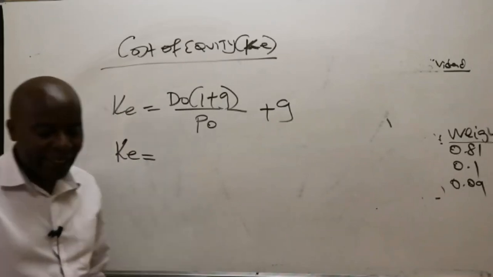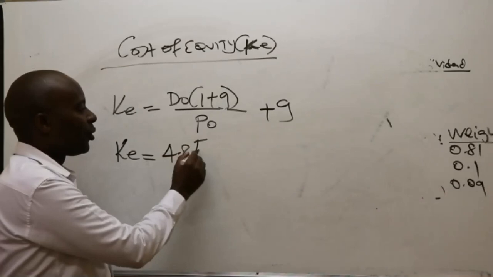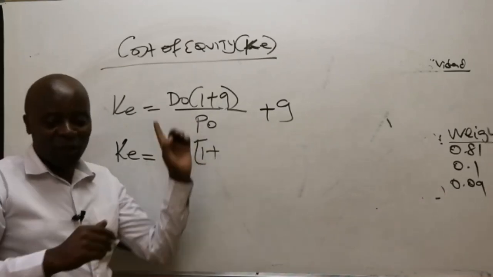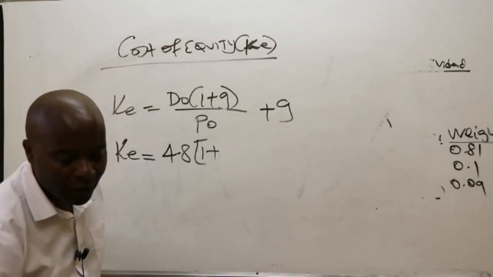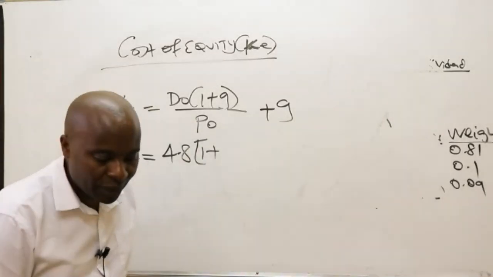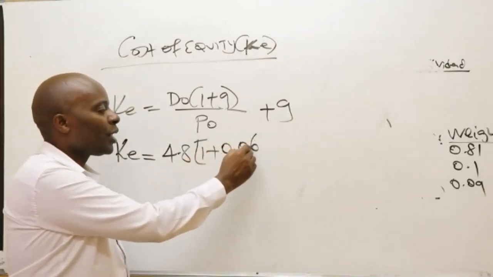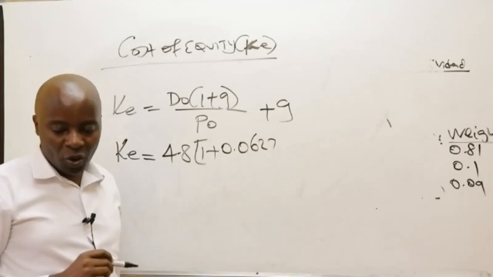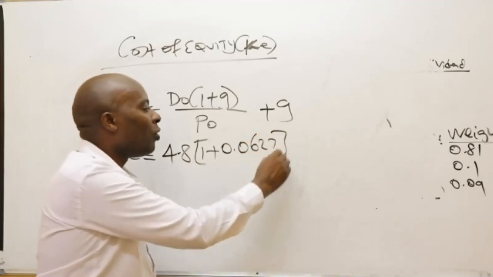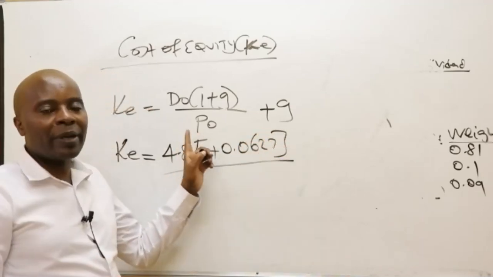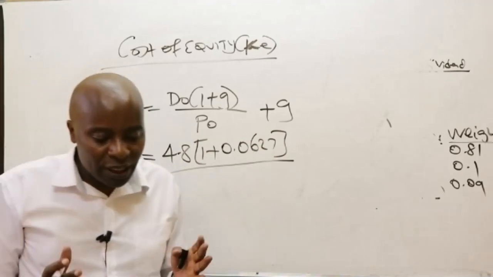Now, what is our current dividend? Our current dividend, ladies and gentlemen, is 4.8 into 1 plus the growth rate of dividends. We had calculated it up there. And if I'm not wrong, the growth rate of dividends was 0.0627, all over our market price per share, which is ex dividend.